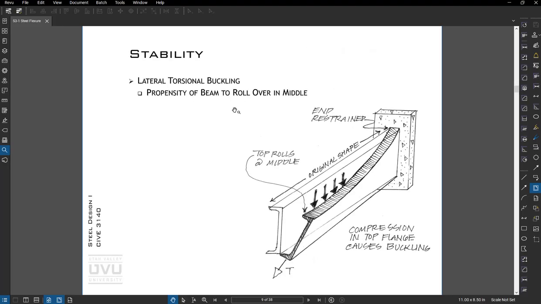Okay, one of the most important things about steel beams is to understand the fact that they tend to roll over due to lateral torsional buckling. So if I have a thin beam like this channel and it's loaded, if the span is long enough compared to the section properties, that beam will tend to roll over.